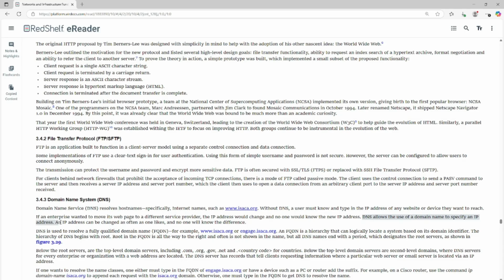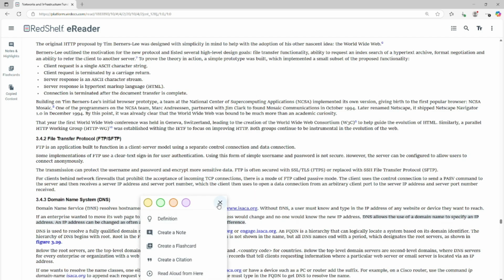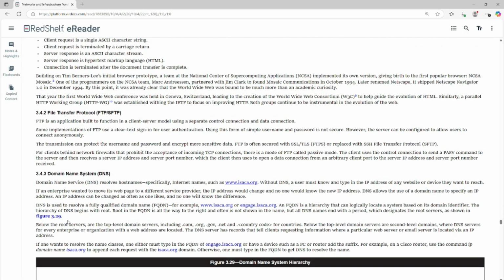Therefore, an IP address can be changed as often as one likes, and no one will know the difference. Keep that in mind about a domain name. Its function is very important for you to understand for examination purposes.